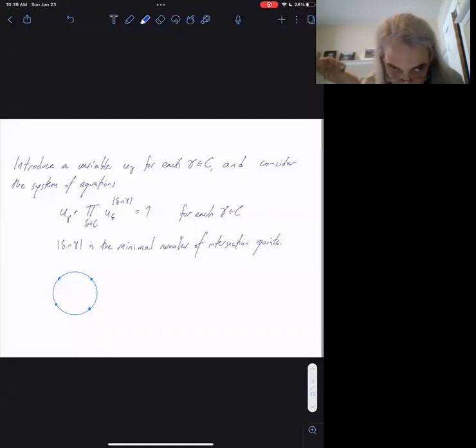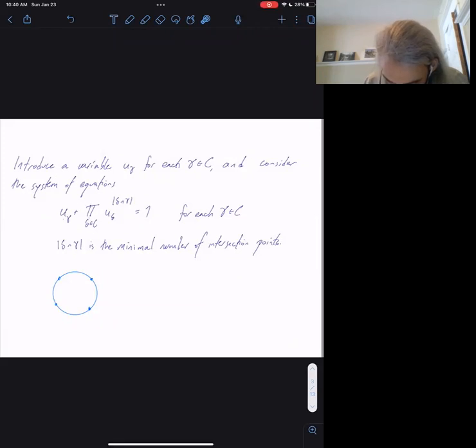And now what I'm going to do is introduce a variable u_gamma for each curve gamma. And I'm going to consider a system of equations, one equation for each curve. The equation says u_gamma plus the product over all the curves delta of u_delta to the number of intersections between delta and gamma.